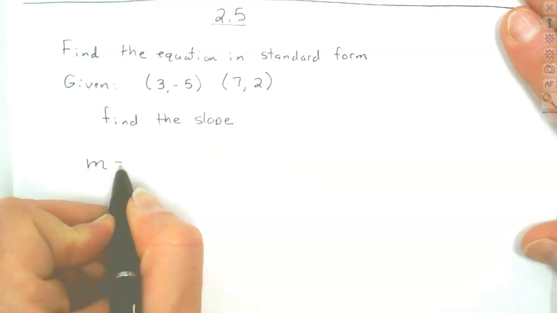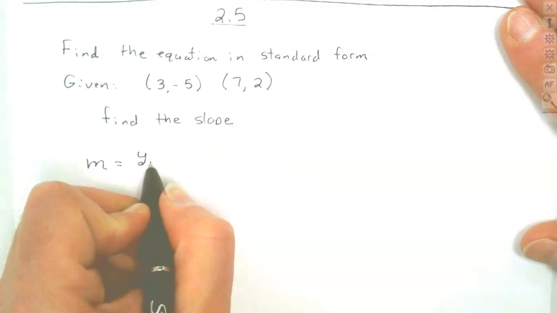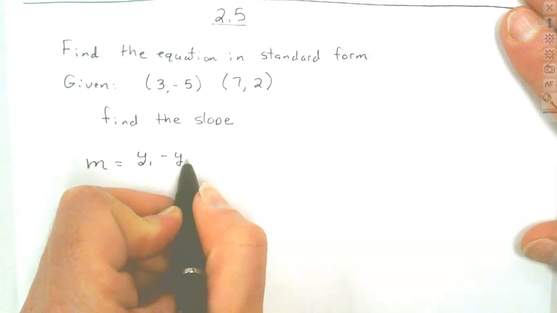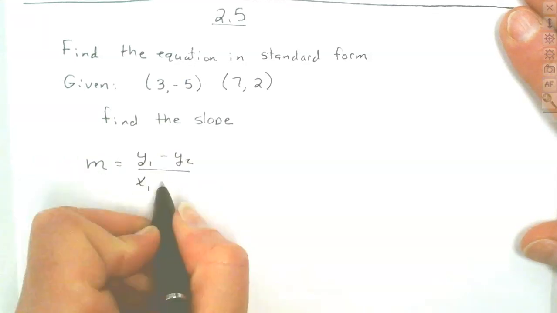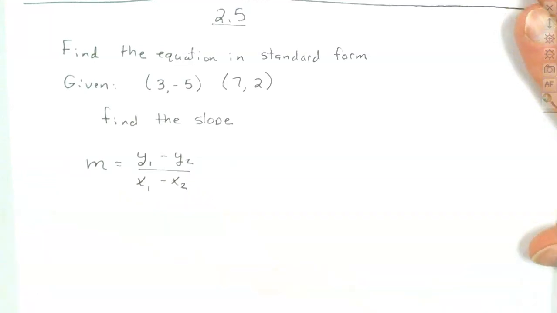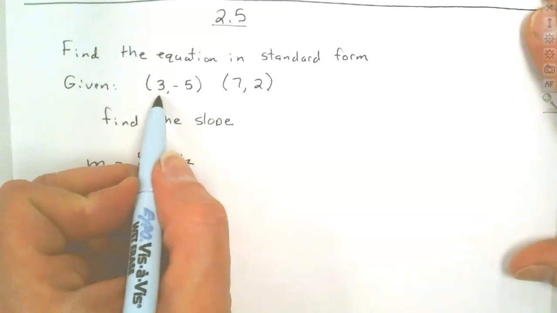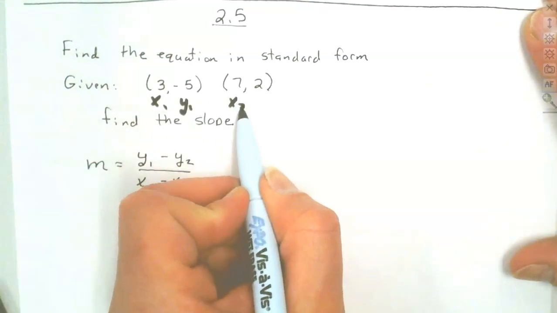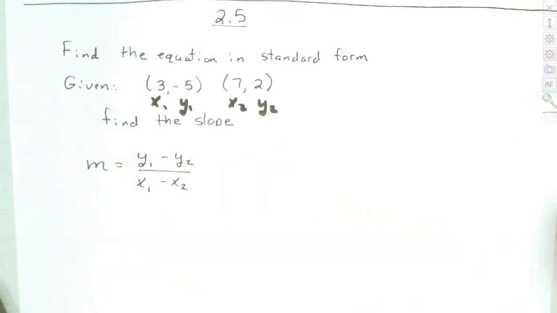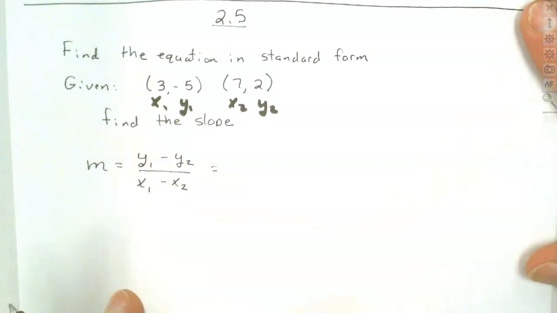And our formula is m equals y1 minus y2 over x1 minus x2. We label our ordered pairs again, x1, y1, x2, y2. Plug our values in, work it out, and find our slope. Watch out again for double negatives if you have them.